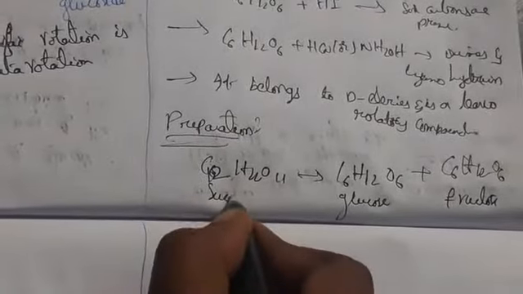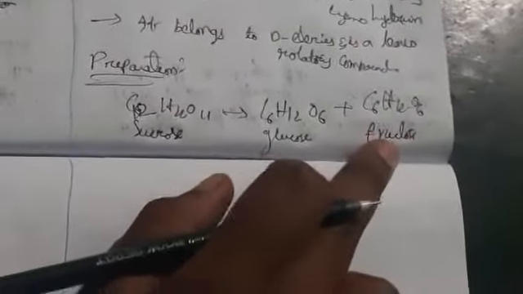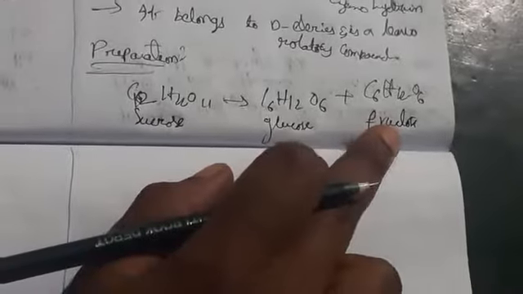So sucrose is converted into glucose and fructose. Fructose is the sweetest of all sugars and it exhibits mutarotation also.